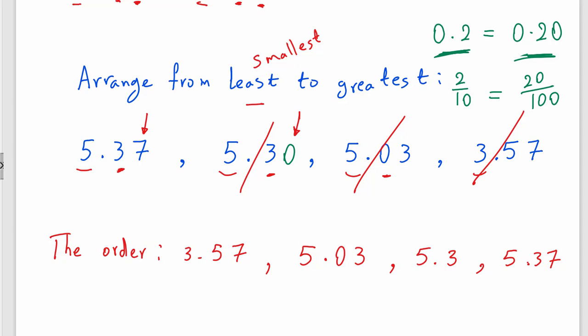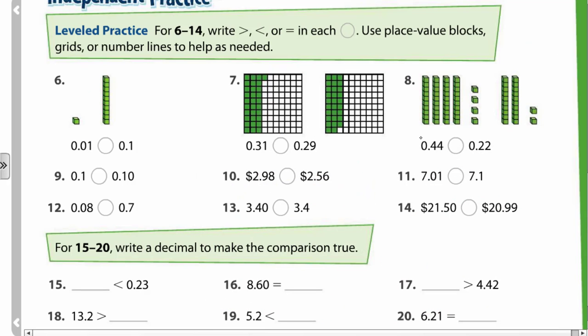Okay, now my heroes, let's go back to the book and solve these questions. Saleh? Yes. Okay, Saleh, go ahead. 0.01 and 0.1.